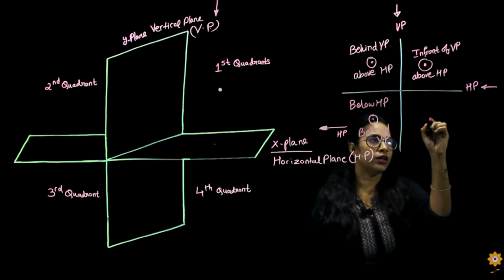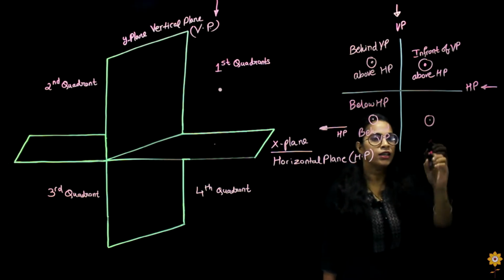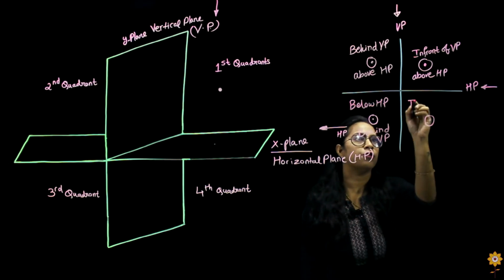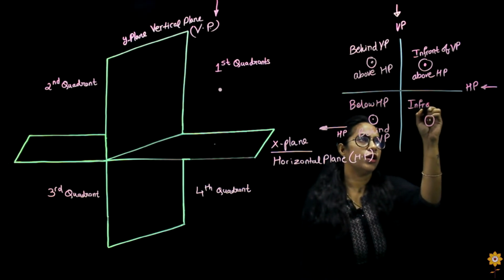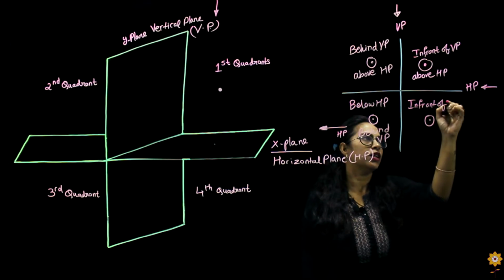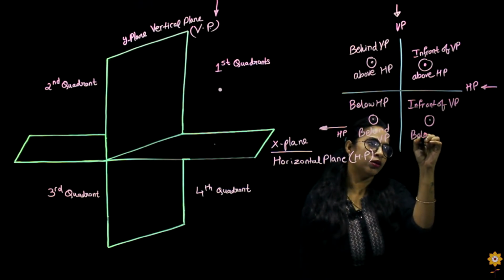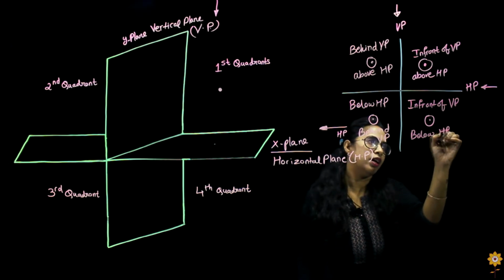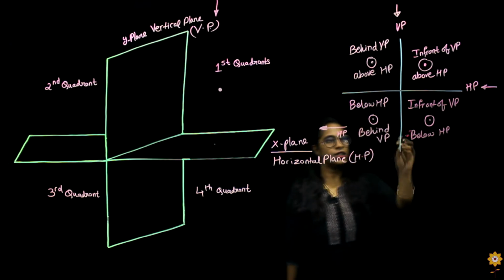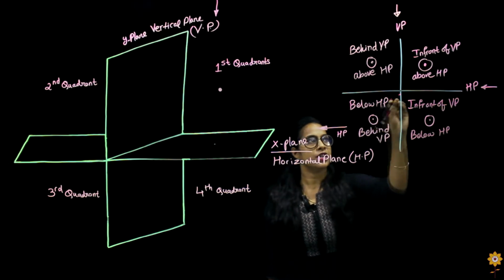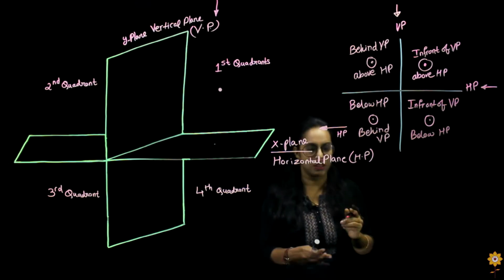For this quadrant, it would be in front of VP and below HP. So these are the locations of the point whenever it is placed in different quadrants respectively.